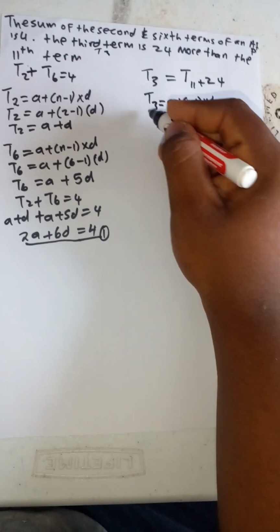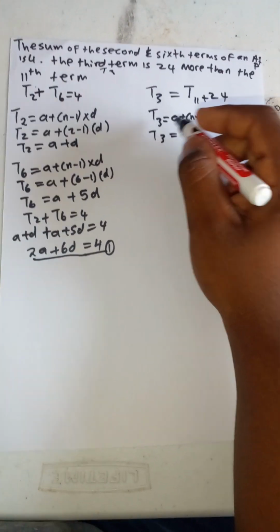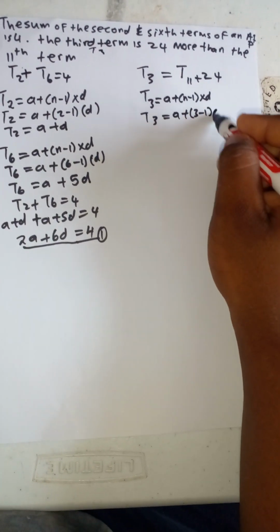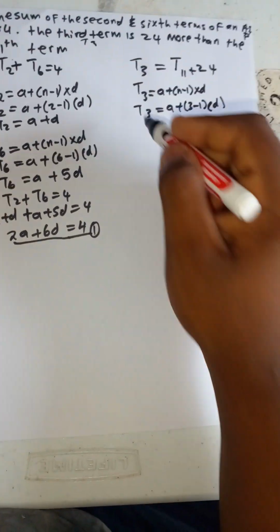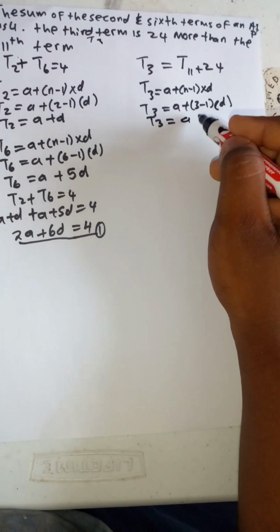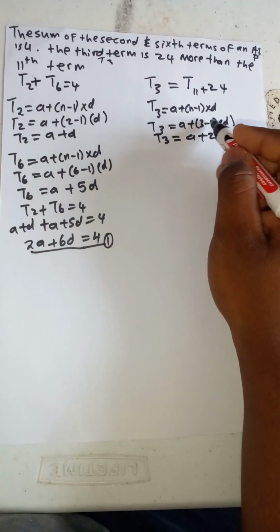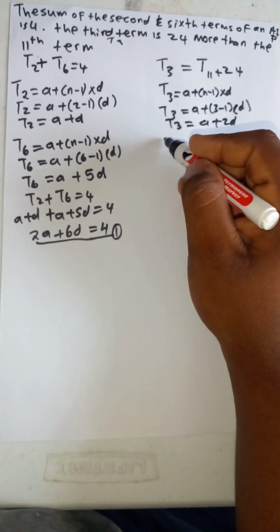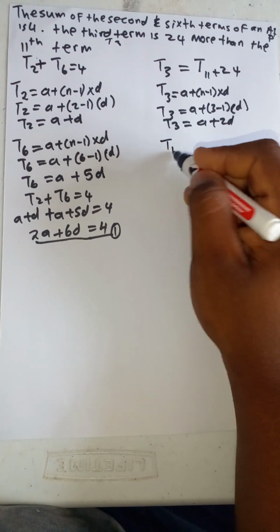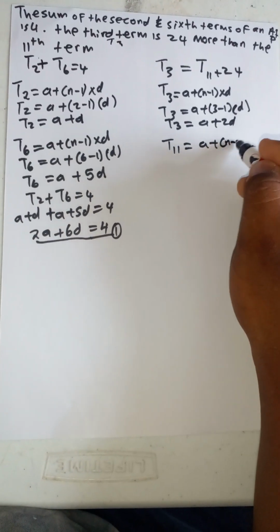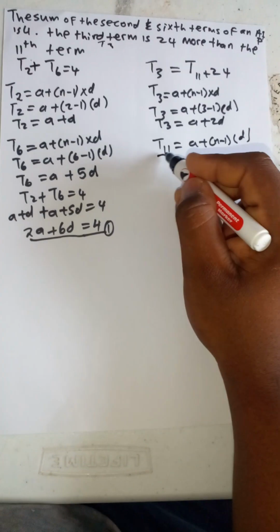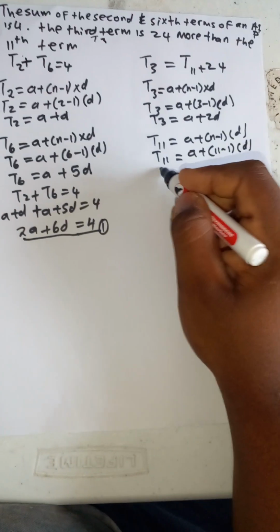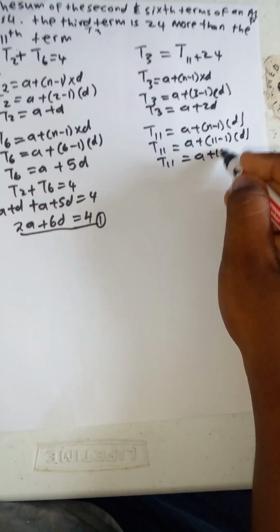T3 equals a plus 3 minus 1 times d, so T3 is a plus 2d, because 3 minus 1 is 2. Then T11 equals a plus 11 minus 1 times d, so T11 is a plus 10d.